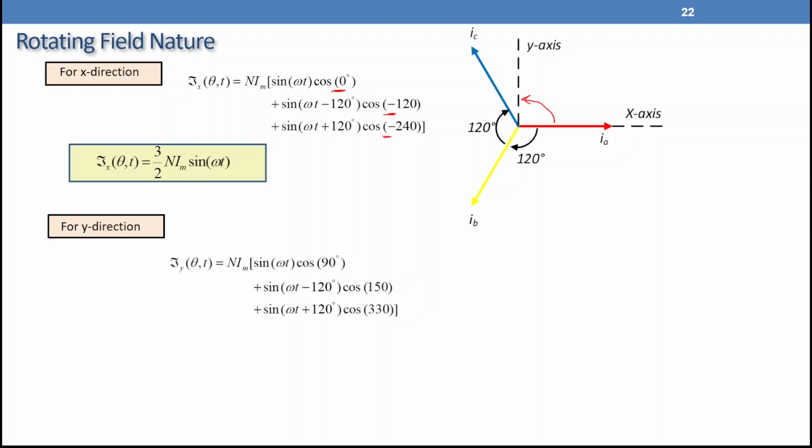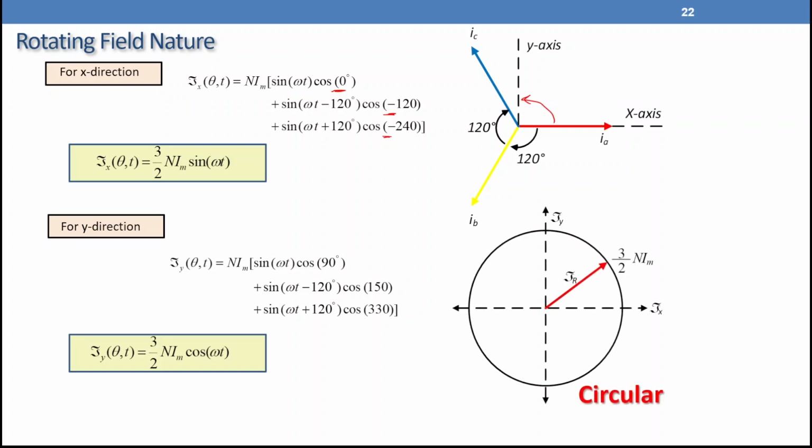If you simplify this equation, Fy of theta and t equal 3 over 2 N I maximum cosine omega t. If you plot this equation in both x and y, you end up by a circular field with amplitude 3 over 2 N I maximum. So the nature of the rotating field is circular with amplitude 3 over 2 N I maximum.